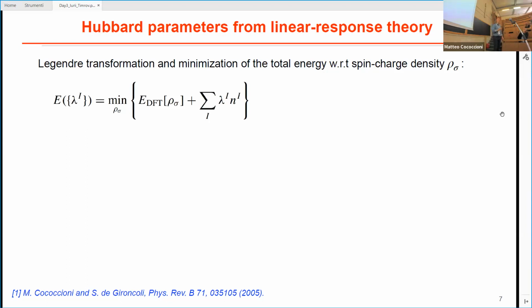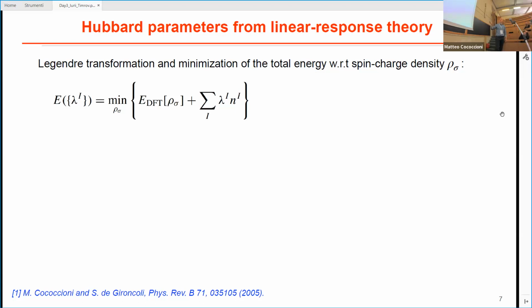And actually Stefano and Matteo did it in 2005, actually earlier. It's very clean and simple and elegant. So we start with our DFT energy functional, which is a functional of the spin charge density rho sigma.